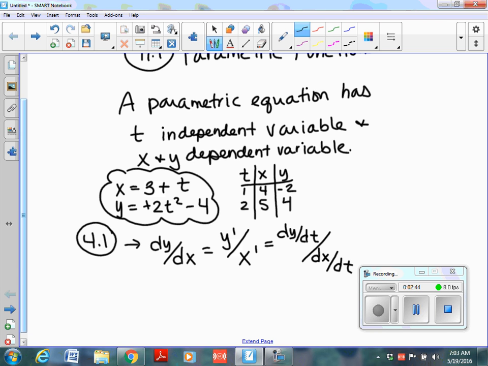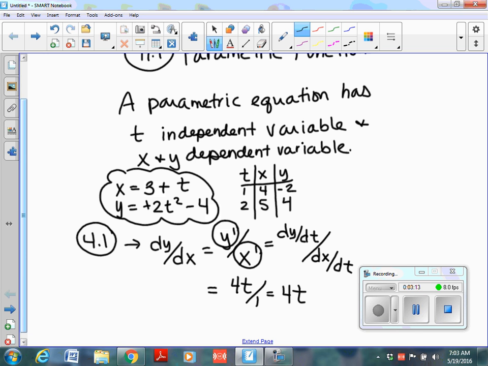It's the same thing. It's really quick. The y value goes on top and the x value goes on the bottom, and you take the derivative of each. What's the derivative of 2t squared minus 4? 4t, divided by the derivative of x, which is 1, which is equal to 4t.